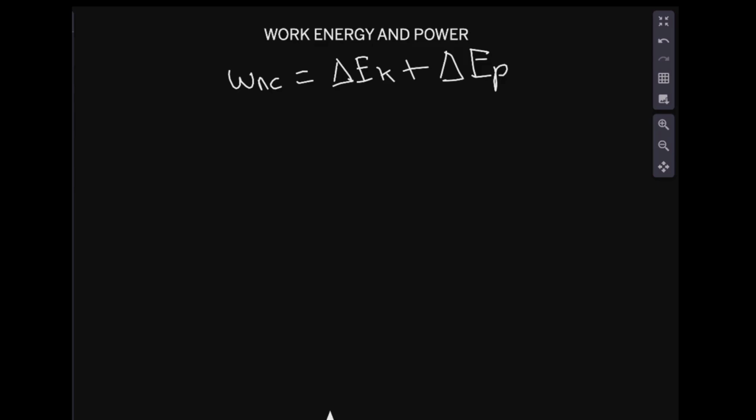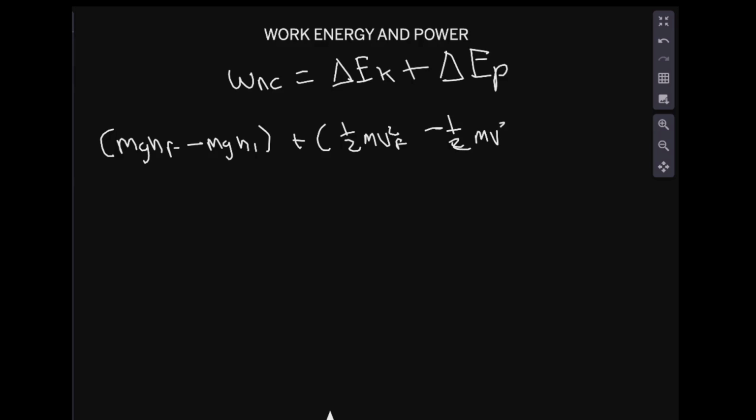Now we need a lot of room here. So I'm going to say that mgh final minus mgh initial plus a half mv squared final minus a half mv squared initial, all in brackets.